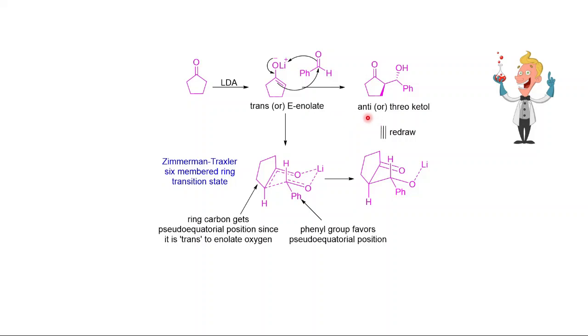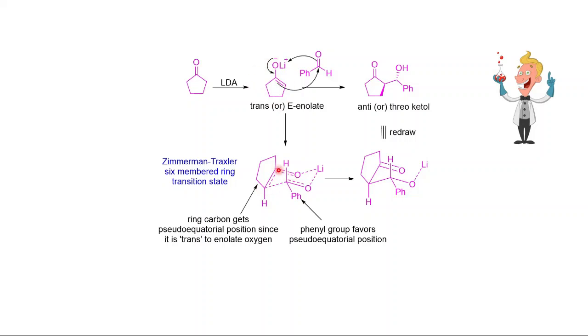So for E enolate, how will we draw the transition state? You can see that Ph will be at equatorial position for benzaldehyde, and this carbonyl is there, this is double bond O, and this is hydrogen for benzaldehyde, and I will draw this enolate in this fashion.